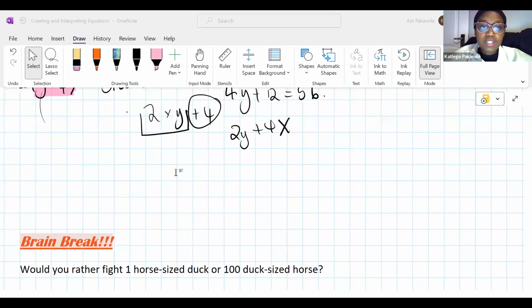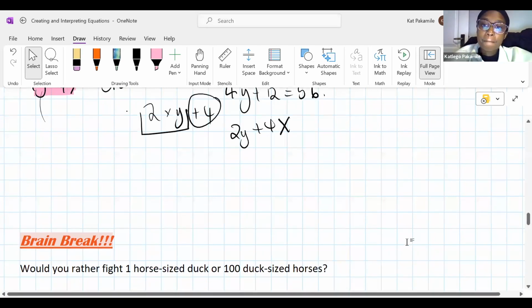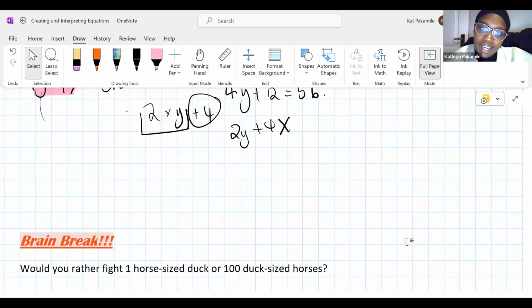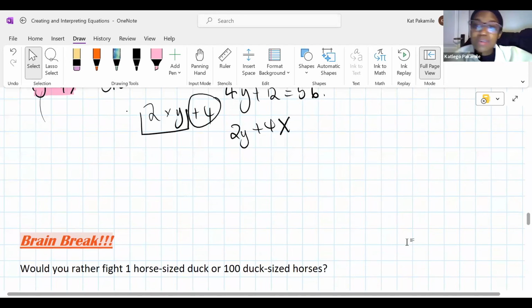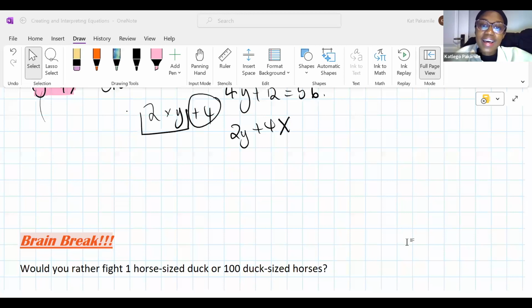Would you rather fight 1 horse-sized duck or 100 duck-sized horses? I would rather fight 1 horse-sized duck. So you'd rather fight a massive duck? Yes. I would never. I would rather fight 100 tiny horses, guys.